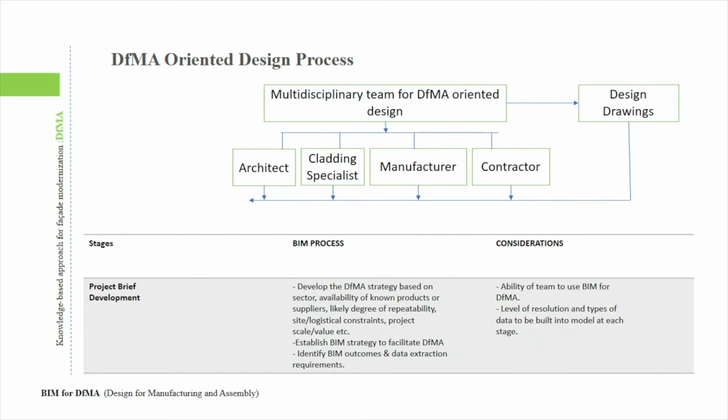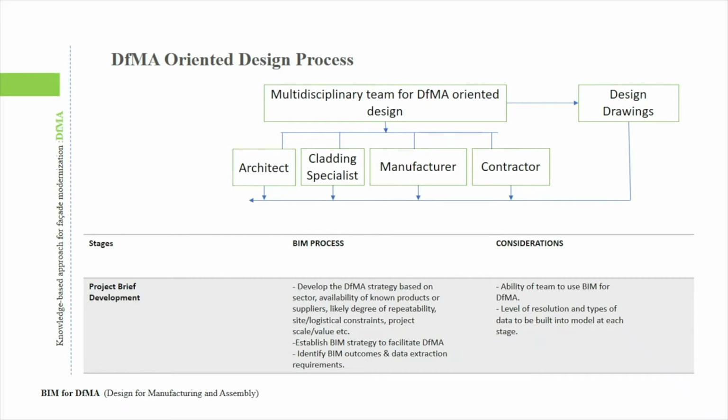At the stage of project brief, where the basic strategy for implementation of DfMA will be defined, BIM strategies to facilitate DfMA will be identified at this stage, level of resolutions, type of data to be built into the model, and many other considerations.